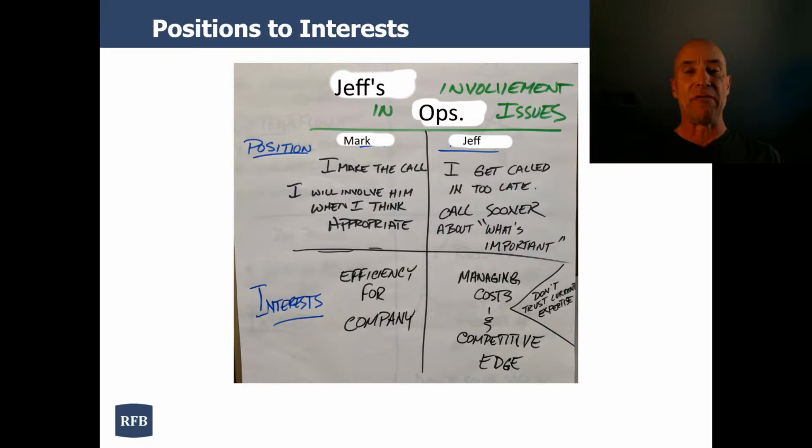I'm not confident in who we have on board underneath you. And I'm seeing some slips that are happening and increased costs. My interest in being called in more often and sooner is about managing the costs and maintaining our competitive edge, which in their company and in their industry, low cost wins.